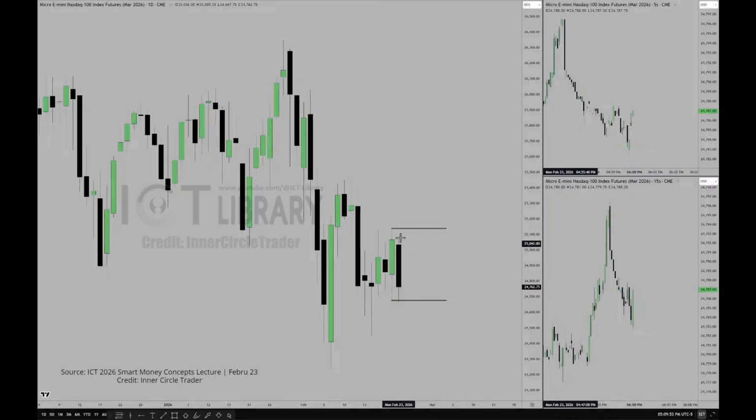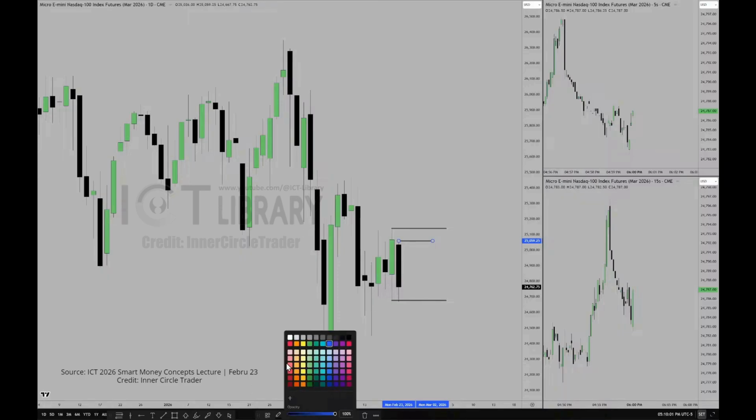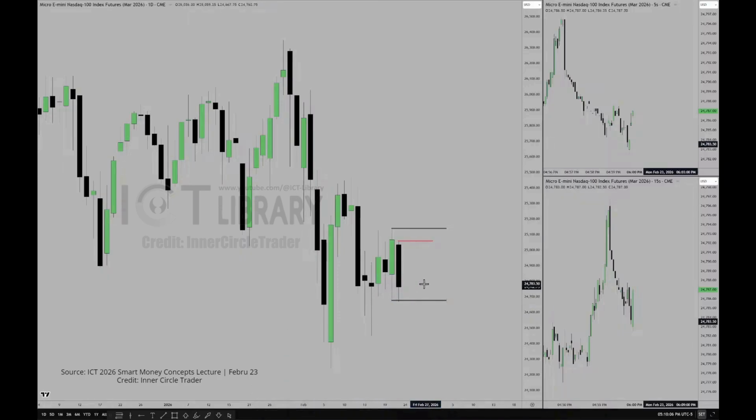Today's high is lower. So we were not able to trade above the previous day's range. It fell short of Friday's daily high.